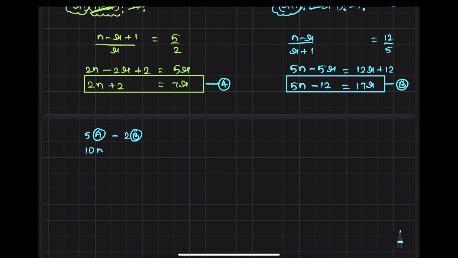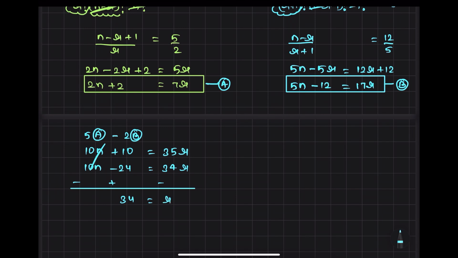So 10n plus 10 is equal to 35r. Then we have 2, so it is 10n minus 24 and then 34r. We have opted for subtraction, so this thing's sign will change. This thing gone, we are left with 34.